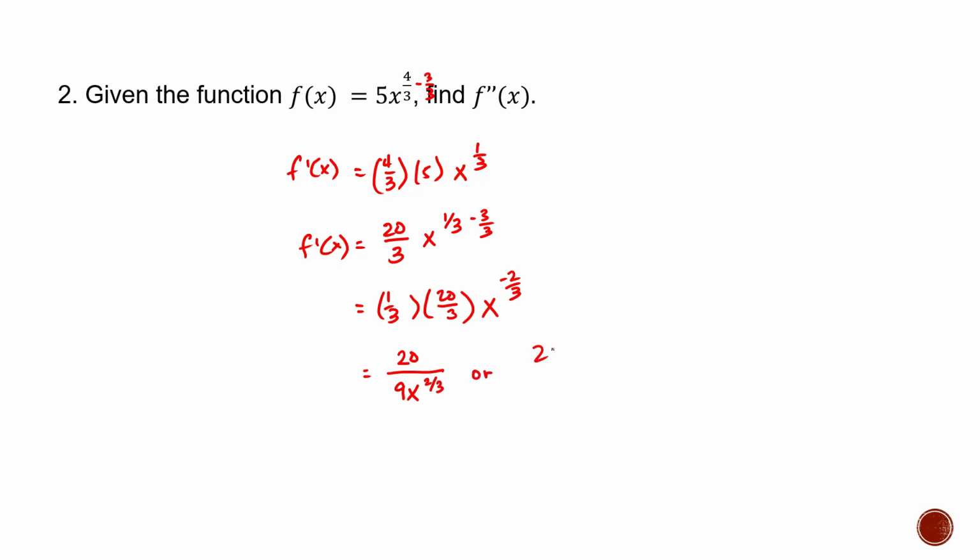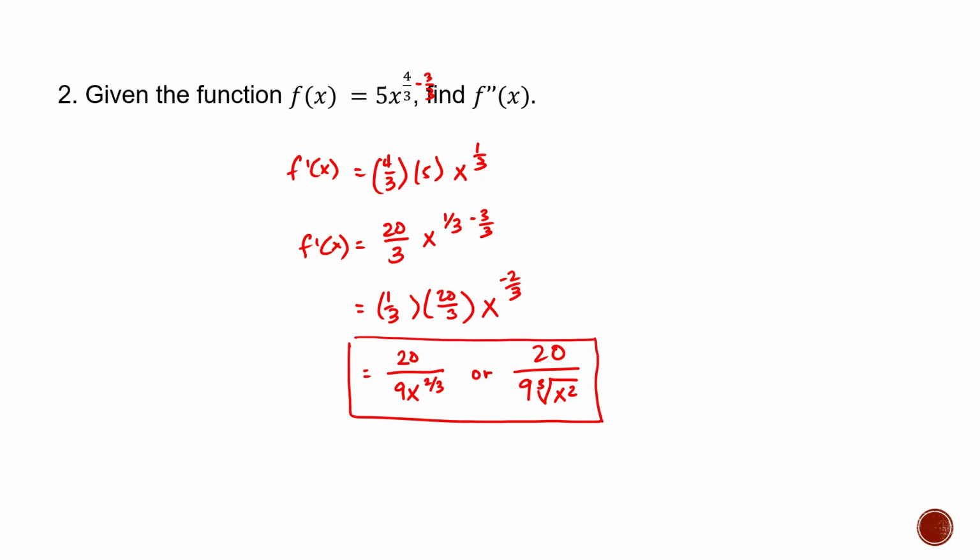Or if you want to convert this x raised to 2/3 into radical, we can do that. So 9 cube root of x squared. So the denominator is your index, that's 3, and the 2, which is the numerator, that will be the exponent of your x.